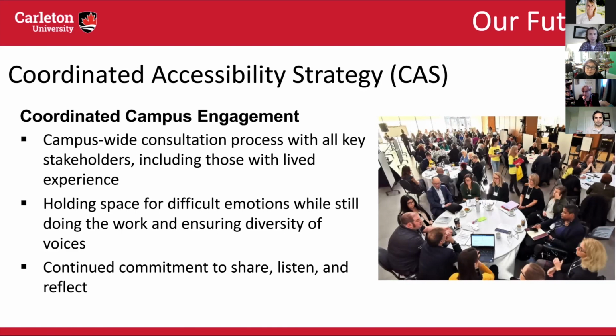We have listened to all the stakeholders throughout the community, and we have continued this listening process. It is continuously open to the community to tell us about accessibility at Carleton as we move into the next stage, which is the implementation of the Coordinated Accessibility Strategy.